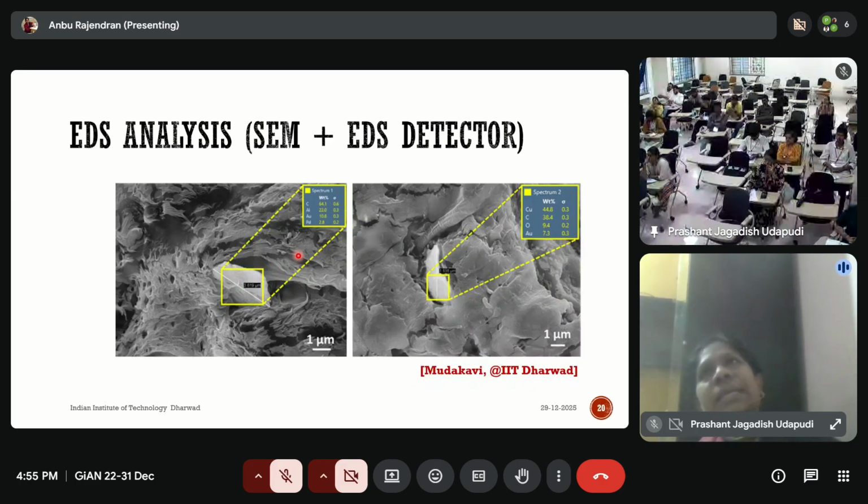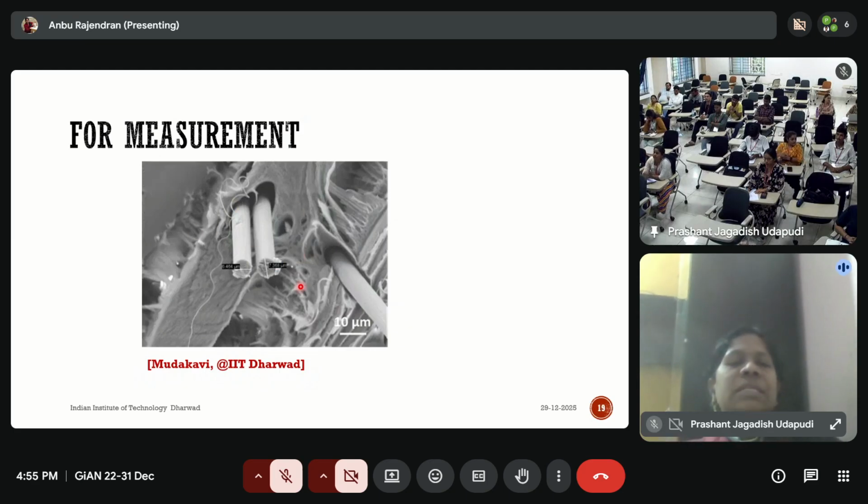SEM generally comes with two detectors, a secondary electron detector and a backscatter electron detector. General fractography can be done using the secondary electron detector.